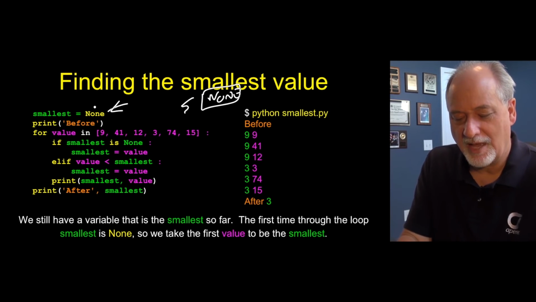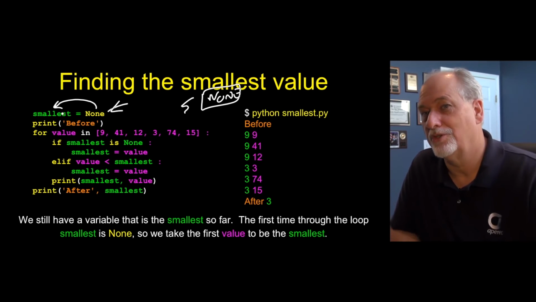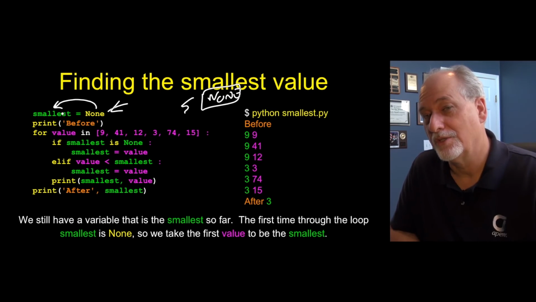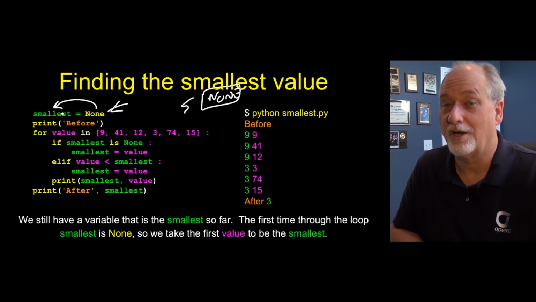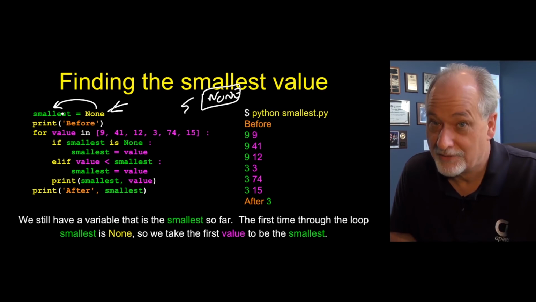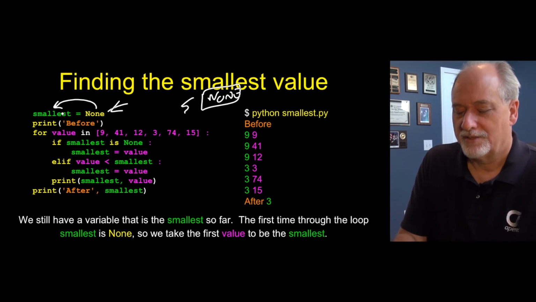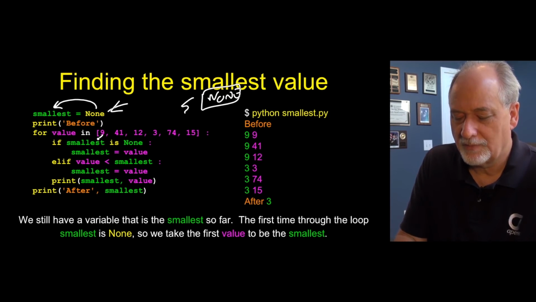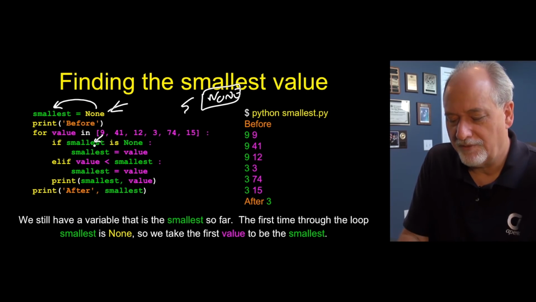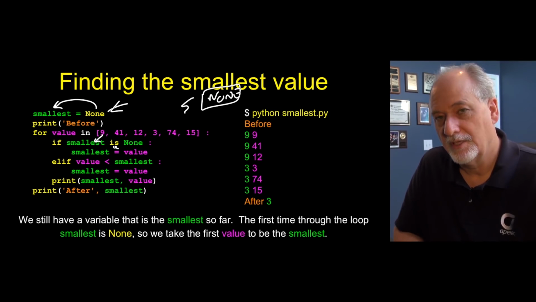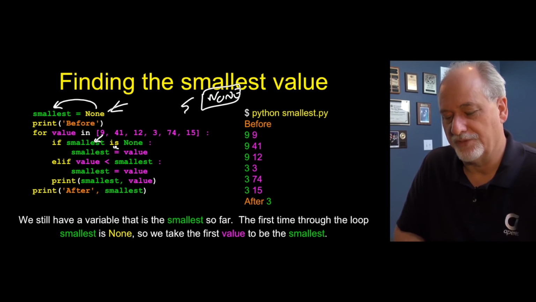Okay? So that actually captures the notion that before the loop starts, the smallest number that we've seen so far is None. We haven't seen any numbers. So then we come in and we have an if statement, and we have a new operator called is. Is is stronger than the equal sign.